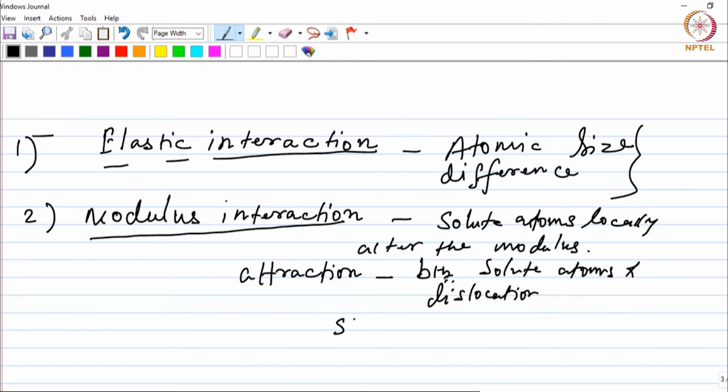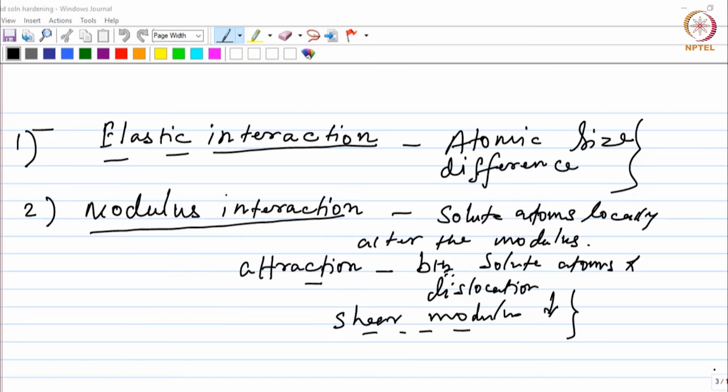Especially when the shear modulus decreases, the dislocations will tend to attach to these regions where the modulus, particularly the shear modulus, decreases. And that is how this attraction, that means the dislocations going towards these regions where the modulus decreases, will lead to the restriction of the motion of the dislocations, and that is how the strength is going to increase. Okay.